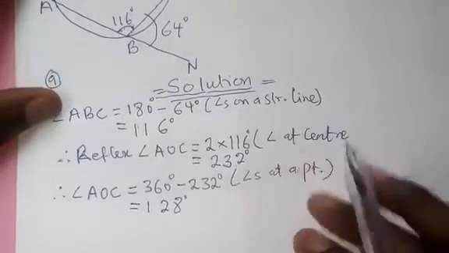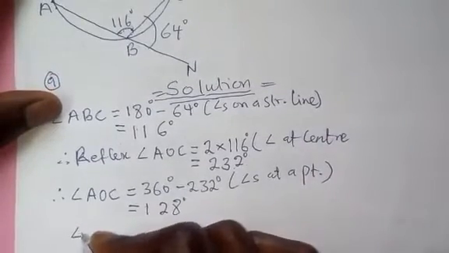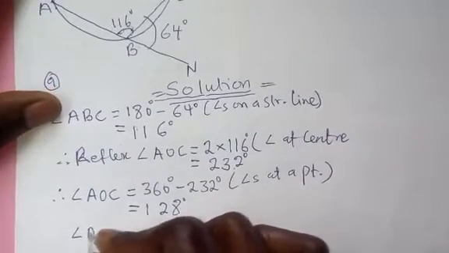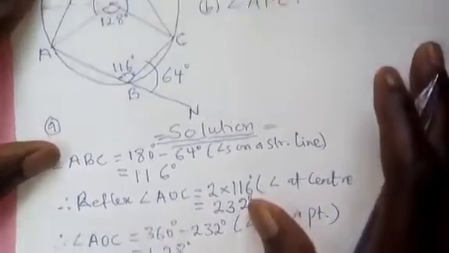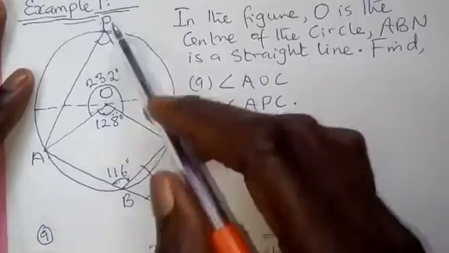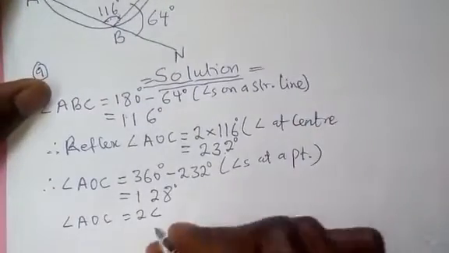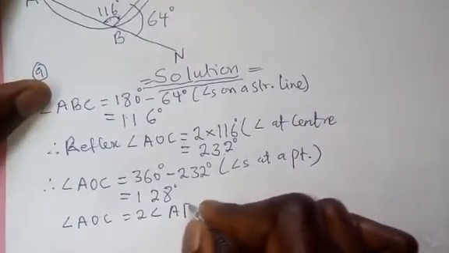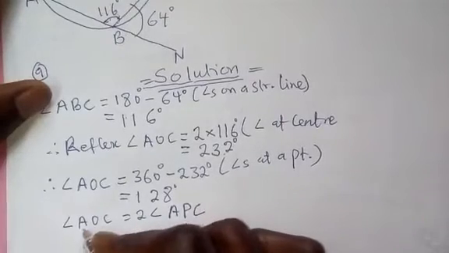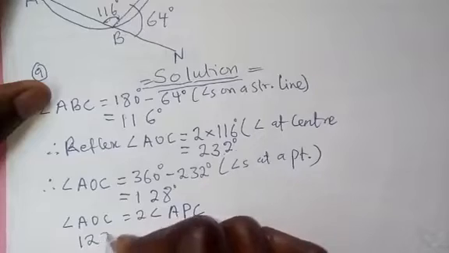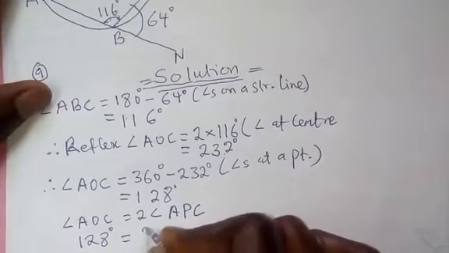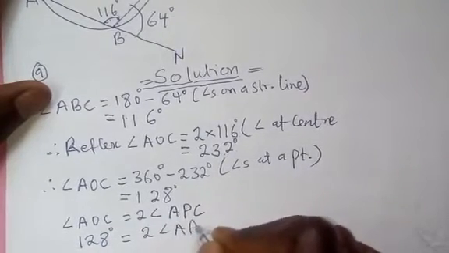So we can now go on to say, therefore, angle at center, which is AOC, is 2 times angle at circumference, and the angle at circumference, as you can see, is angle APC. Now our angle AOC, from what we got here, is 128 degrees, and this will give us 2 angle APC.